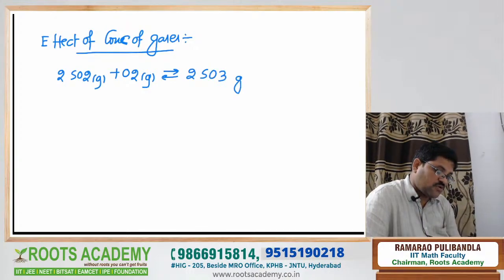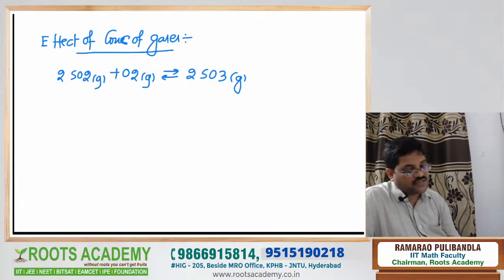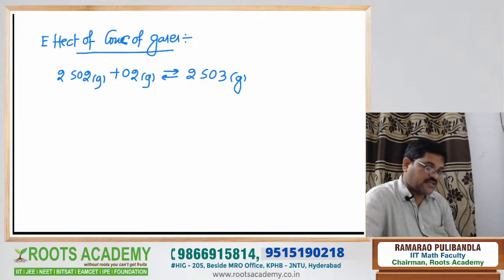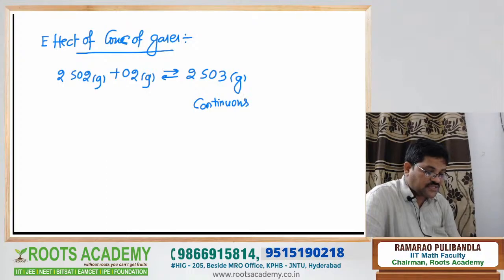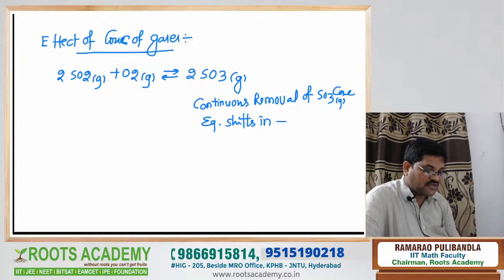Now see, 2 moles of SO2 gas plus O2 gas gives rise to 2SO3 gas. For example, at the equilibrium of this reaction, if there is continuous removal of the SO3 gas concentration, the equilibrium shifts in the forward direction.